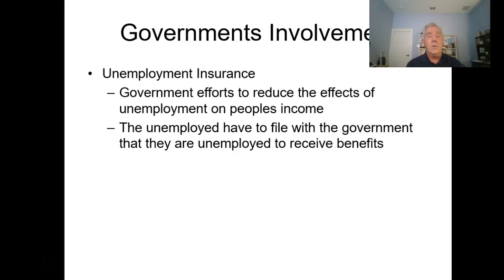All right, number one, out of the depression really, came something called unemployment insurance. And what the government is attempting to do here is to reduce the effects of unemployment on people's income. You can go to your human services or social services office.